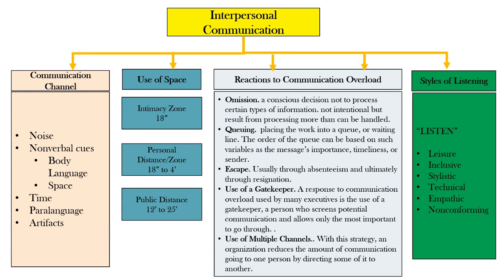So we have other zone, the social distance zone. It ranges from 4 to 12 feet away and it's reserved for people whom you are dealing with business and strangers. Okay? We also have the public distance zone, which is ranging from 12 feet to 25 feet away and is the characteristic of such large group interactions as lectures and seminars.